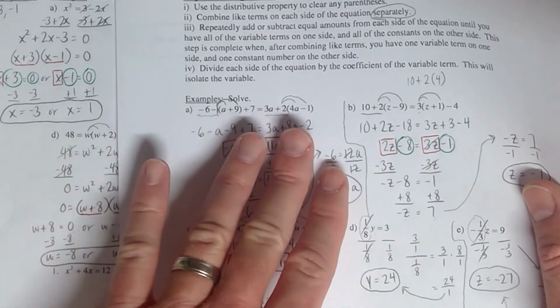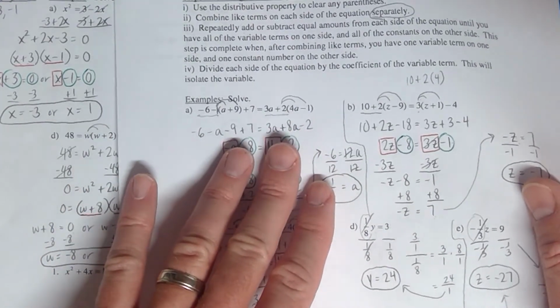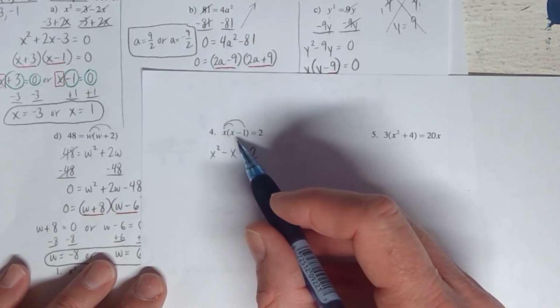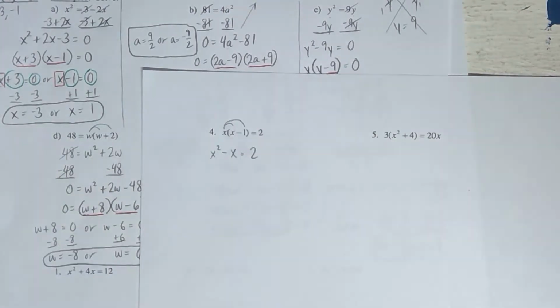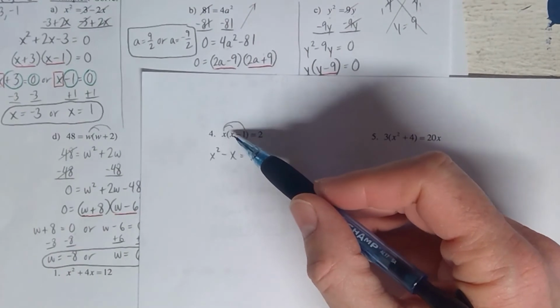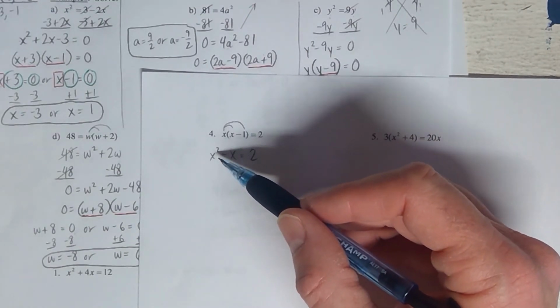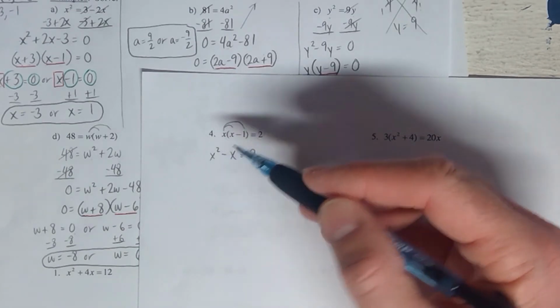But here, even though it looks like there's no x to the second at first, if you clear out the parentheses, then the x to the second appears. So it all has to do with what you got after you clear out the parentheses. If you've got x to the second as the biggest exponent, then it's quadratic.